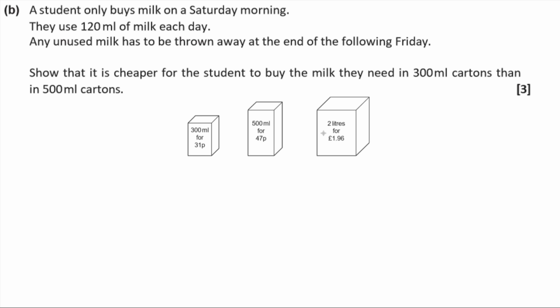Let's just double check that. So they use 120 millilitres a day from Saturday through Friday. So that's 7 days, isn't it? Saturday, Sunday, Monday, Tuesday, Wednesday, Thursday, Friday. So their total milk consumption for the week is going to be 120 millilitres per day times the 7 days of the week, isn't it?